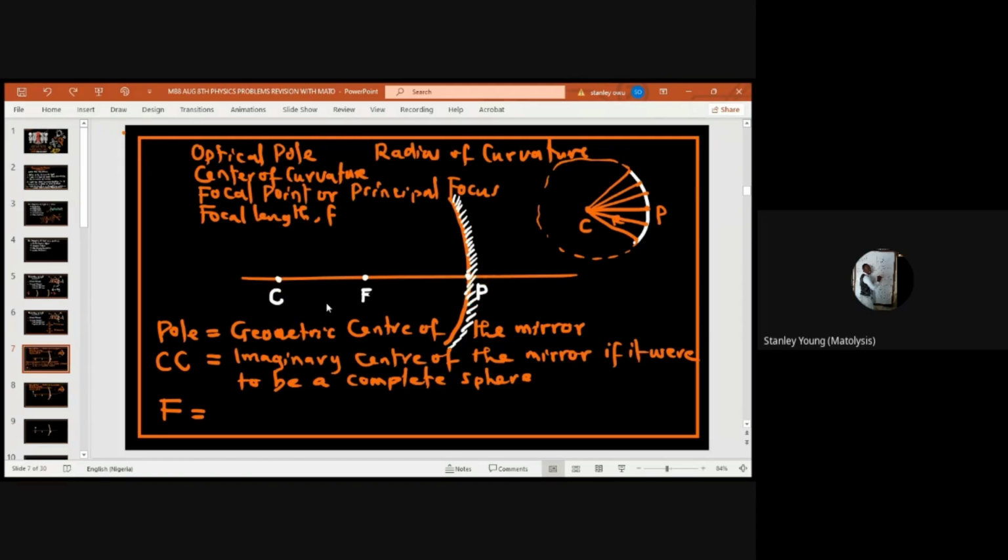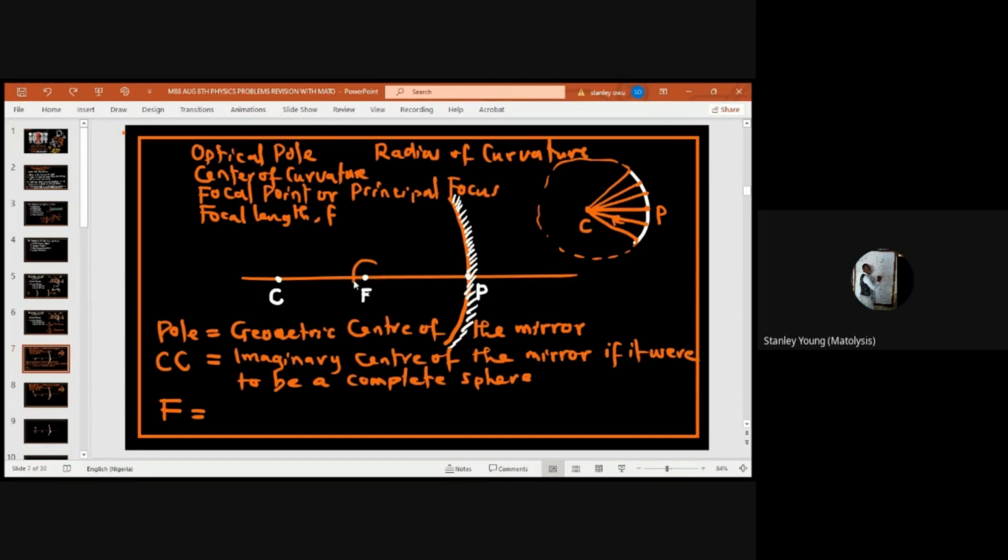Or you can say it is an imaginary point on the principal axis. This line here is called the principal axis. The principal axis is an imaginary line that runs through the center of curvature and the pole of a lens or of a mirror. In this case, you are dealing with a mirror.